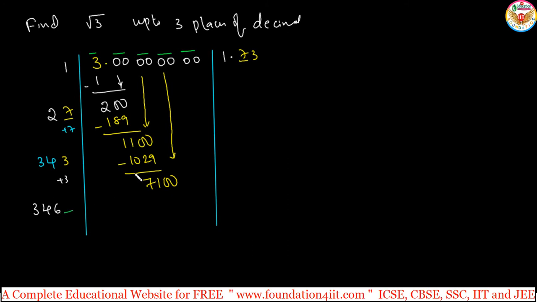So this place, 3461 into 1, 3462 into 2, because 3 into 3 will be more. So 6924. Subtract this and you'll get 176. Next is 2 zeros.